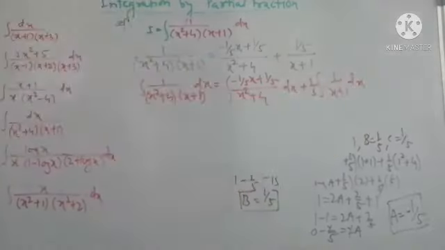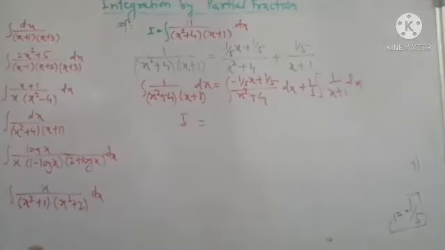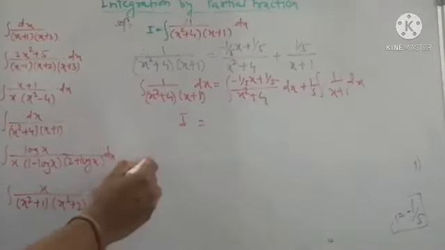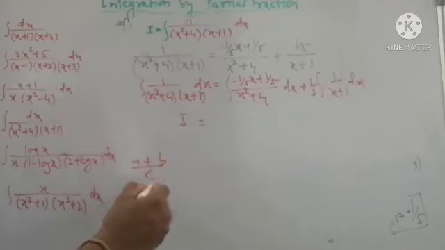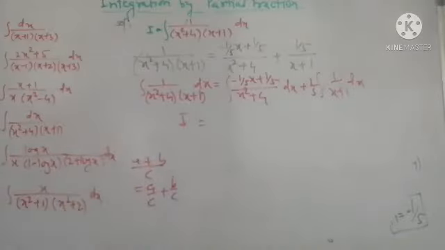As you can see in the first term, on the left hand side we take I, but on the right hand side in the first term there is an addition in the numerator, so we can't take any constant out of the integration, but we can use the algebraic identity for a plus b divided by c, which we can simplify as a by c plus b by c. We state that if addition is there in the numerator and the denominator is common, we can separate it.